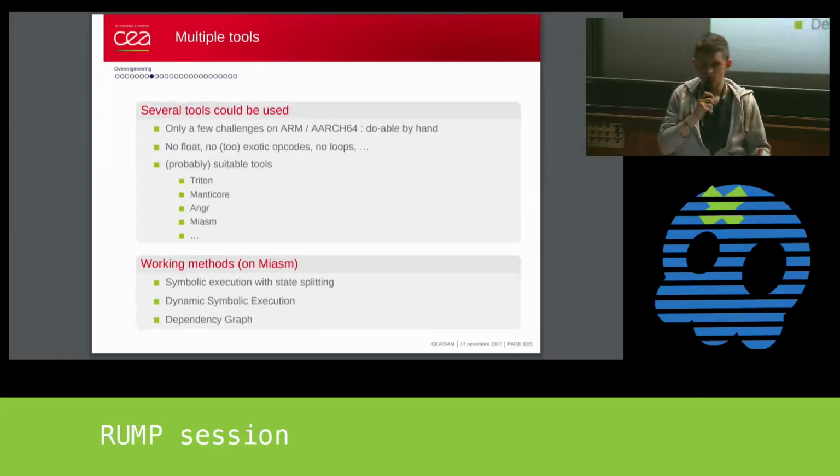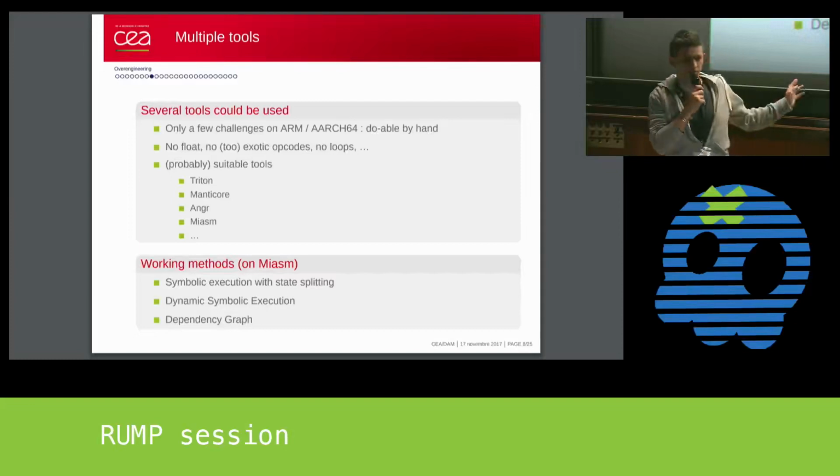We actually know that some people, of course, solved it with Miasm, but someone also solved it with angr. There is the solution presented by Adrien, which uses symbolic execution with state splitting. Another one which is possible and actually works is what Sébastien Bardin presented this morning, which is dynamic symbolic execution.